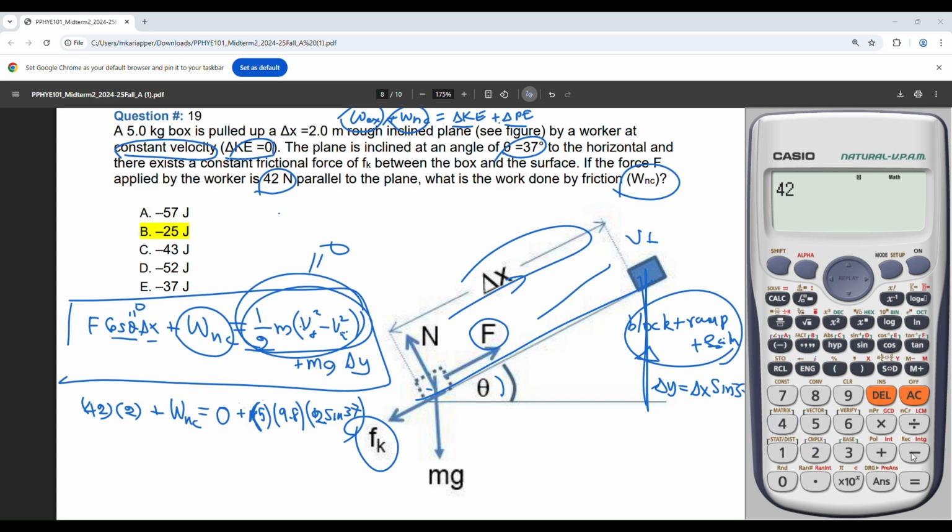42 multiplied by 2 plus, I will call it x, because that's the unknown we need to find, equals 5 multiplied by 9.8 multiplied by 2 sine 37.